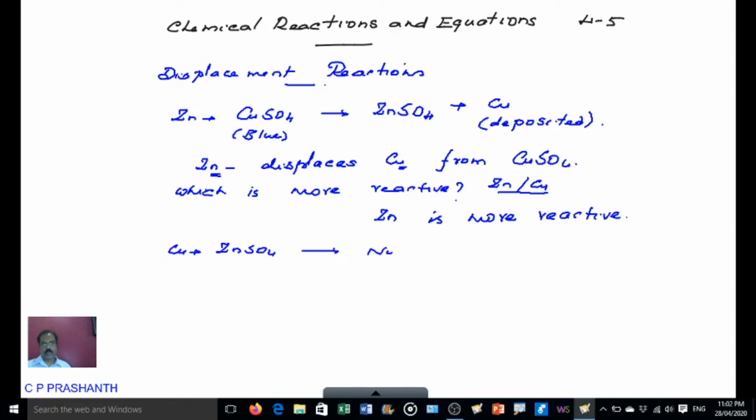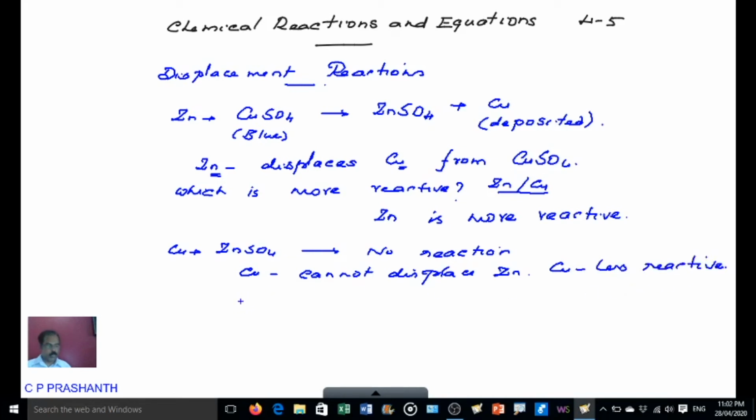There will not be any reaction because zinc is more reactive. Copper cannot displace zinc from zinc sulfate. So copper is less reactive, so it cannot displace zinc from zinc sulfate. Because copper is less reactive.